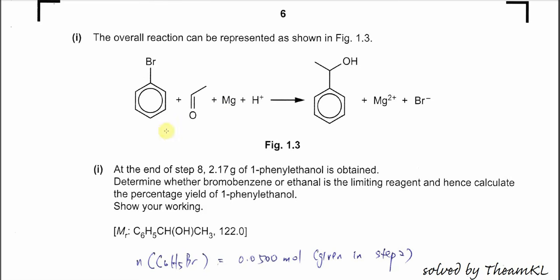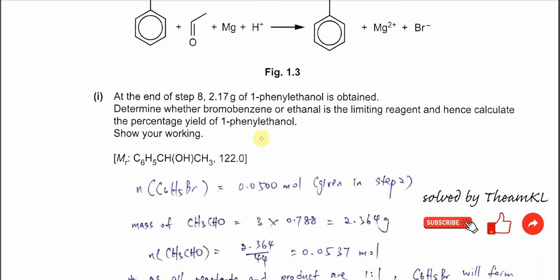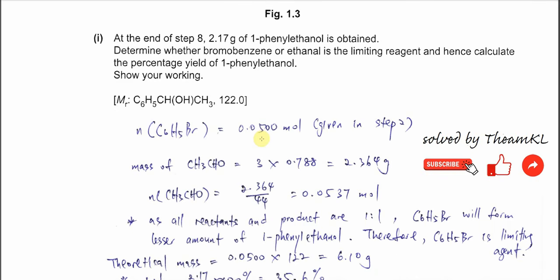Okay, so let's check the moles that are being used. Because it's asking which one is the limiting agent, bromobenzene or ethanol, we focus on these two. The bromobenzene, this one is already given in step 2, so we do not need to do further: 0.0500 mole.